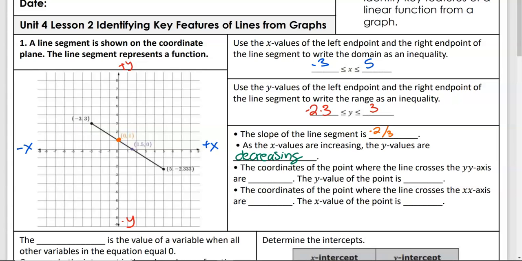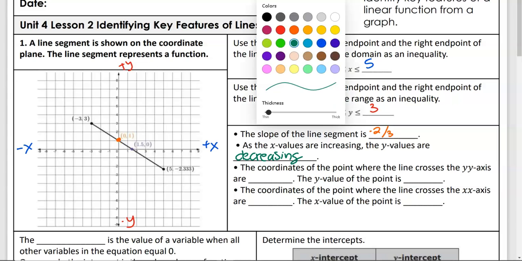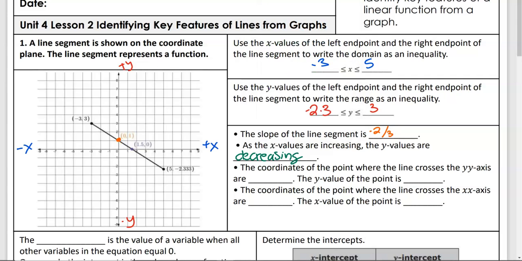So we looked at domain, we looked at range, we looked at my slope, we looked at how they are changing as I move from left to right, and now we're going to look at my intercepts. The coordinates of the point where the line crosses the y-axis are what? Where does it cross the y-axis? 0, 1.